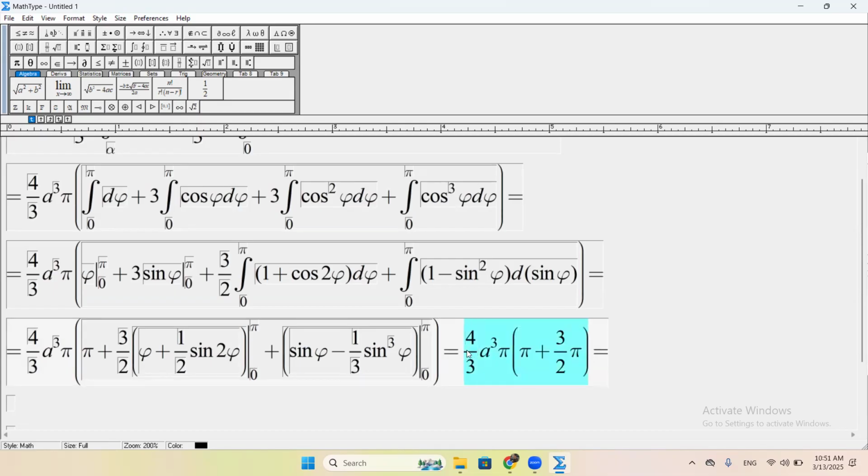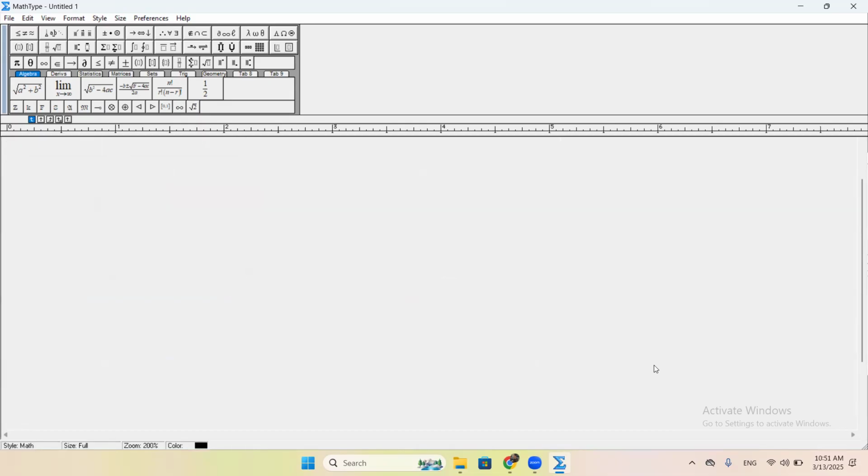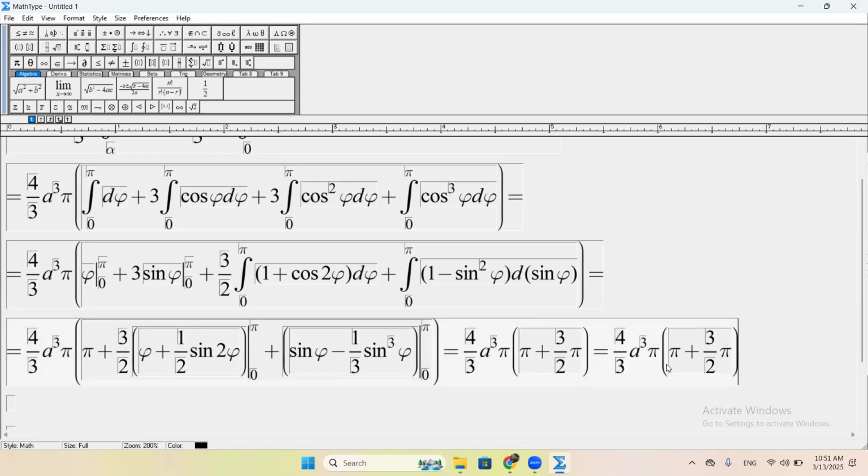Now let's finally simplify this expression. 3 over 2 plus 1 will be 5 over 2 p. Five over 2, and how can it be simplified?